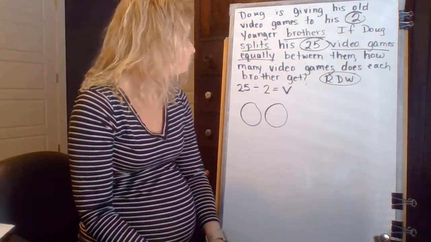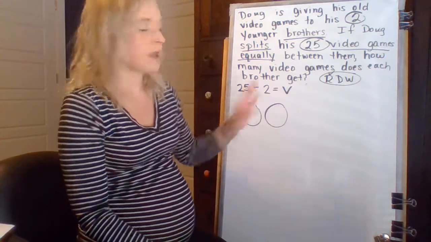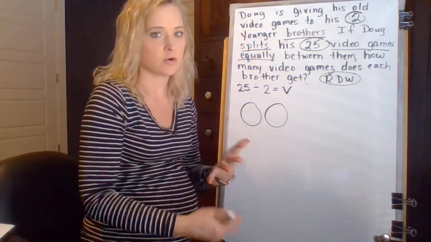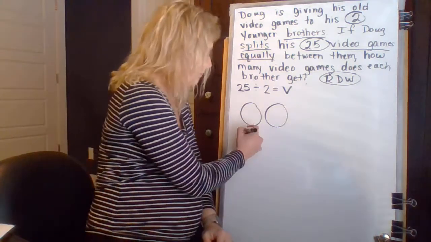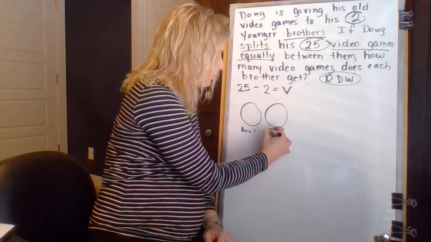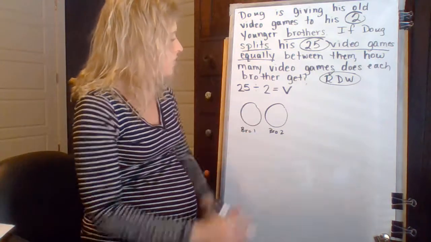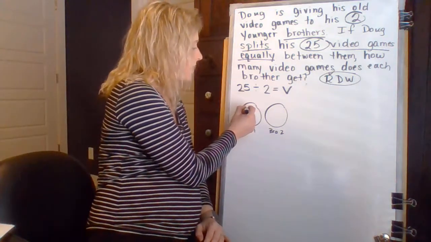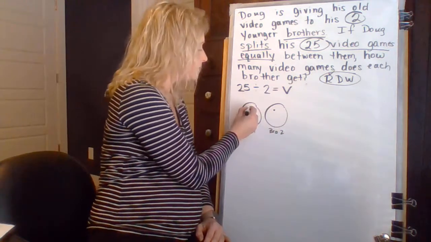So in 3rd grade, you probably learned how to make 2 circles, 2 equal groups, and that represents my brothers, right? Brother 1, bro 1, bro 2. This is labeling my sketches, by the way. And then you start putting dots for the video games. Each person gets 1 dot. So that's 2 video games.